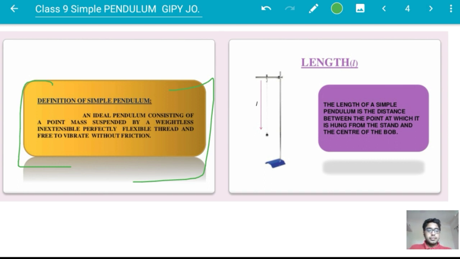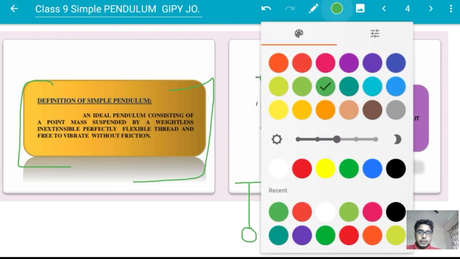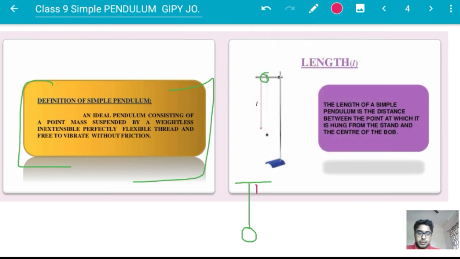The length of the simple pendulum is the length from the point of suspension to the center of the bob. So if you have a bob hanging from a thread, this is your point of suspension, so the length from that particular point till the center of the bob, you call it as the effective length of the simple pendulum.